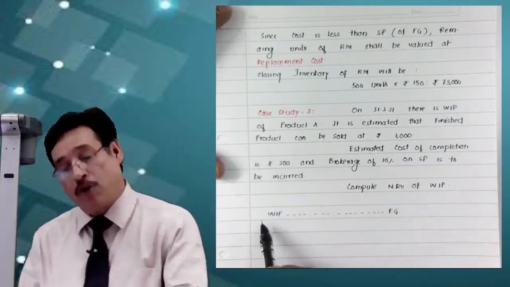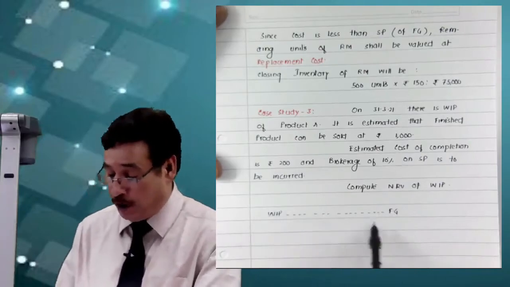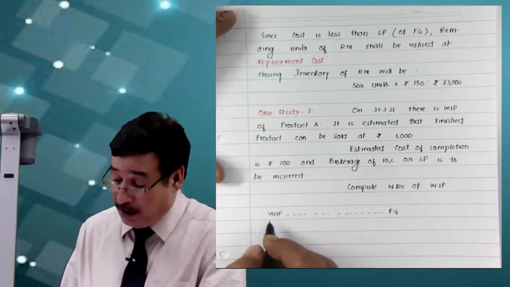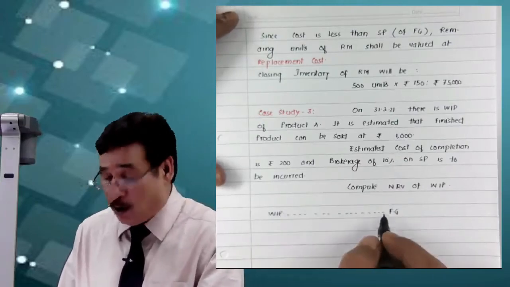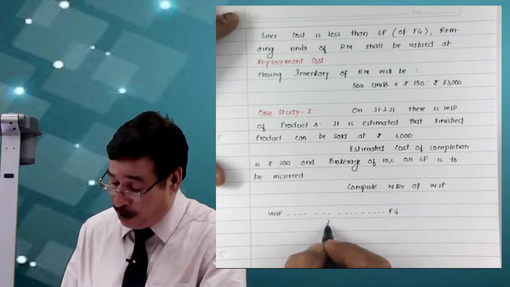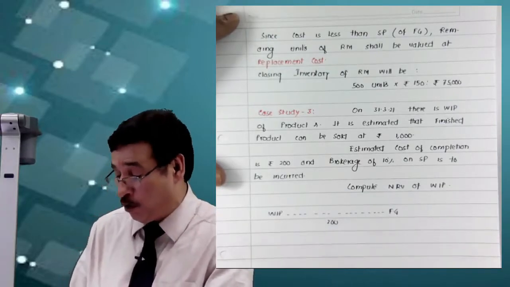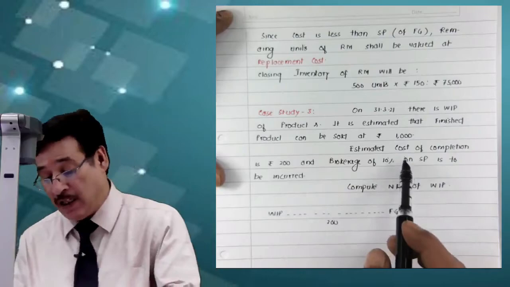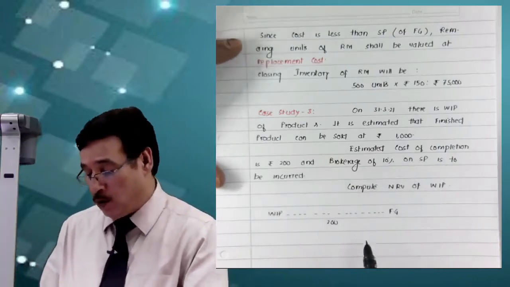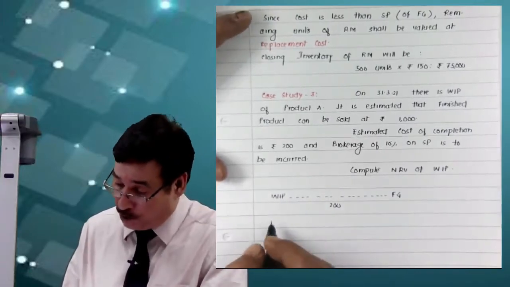But here we are not talking about raw material, we are talking about work in progress. Now the point here is that in order to turn it into finished goods, we may have to incur a conversion cost of 200. This is what exactly is given. Estimated cost of completion is 200. So I hope now you got the point which I am trying to tell you.